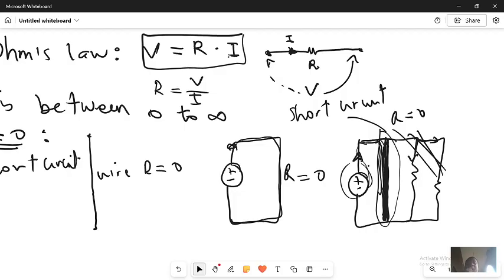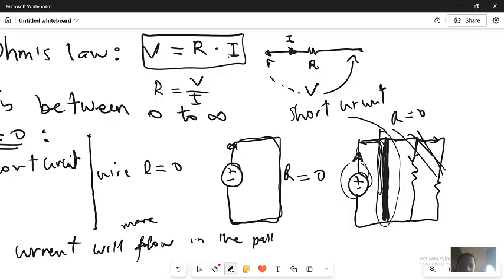Why? Because generally the current will flow more in the part with low resistance. So, for example, here it has low resistance because R equals 0.